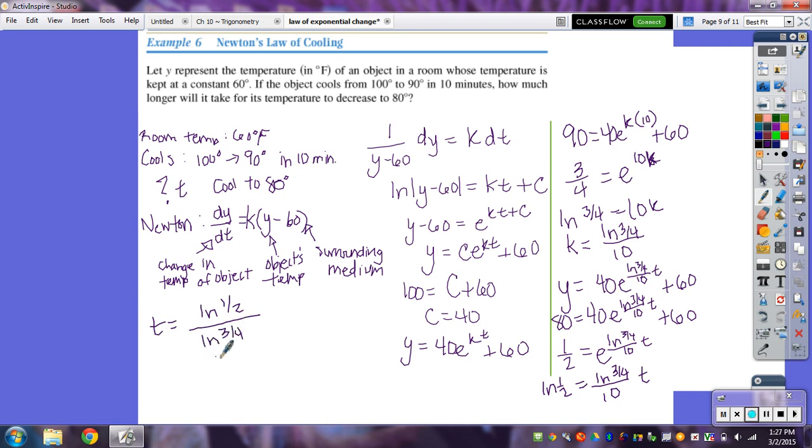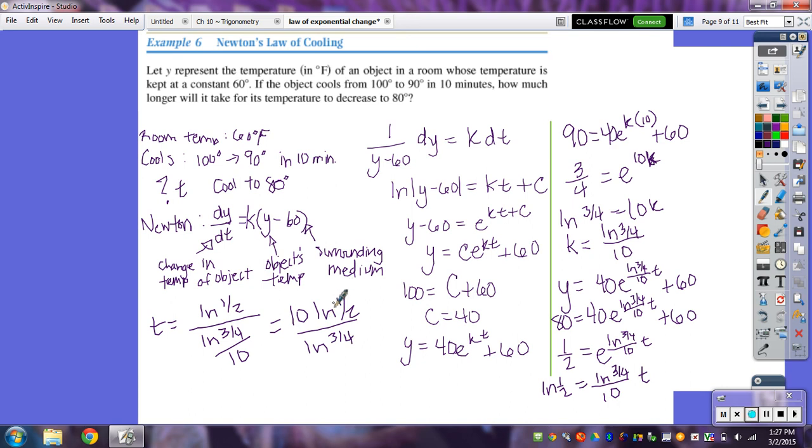Now, on an AP exam that's multiple choice, of course, they wouldn't have it like this. They would have it simplified. The 10 would be moved to the top. And they would expect you to recognize that the natural log of 1 is 0.